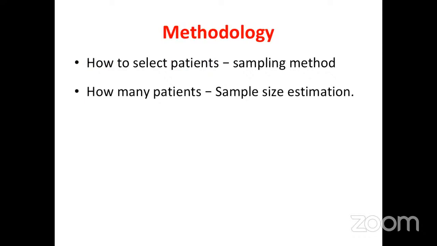That is answered by calculation or estimation of a sample size. And once you know how many patients are involved in your study, you next check whether they fit the inclusion criteria. If they fit the inclusion criteria, are there any factors which result in exclusion of those patients? So you check all those things and finally enroll them into the study.